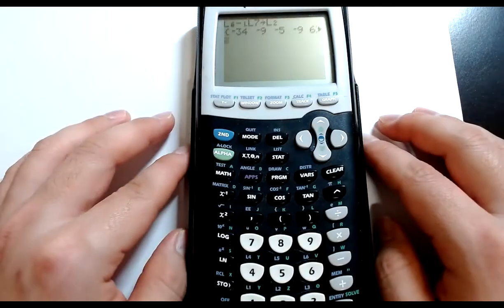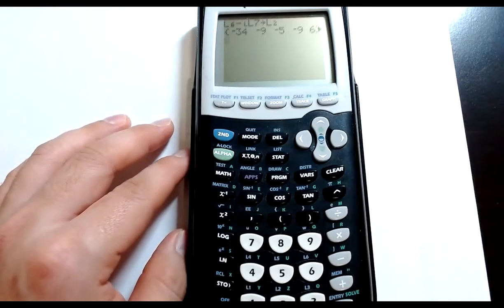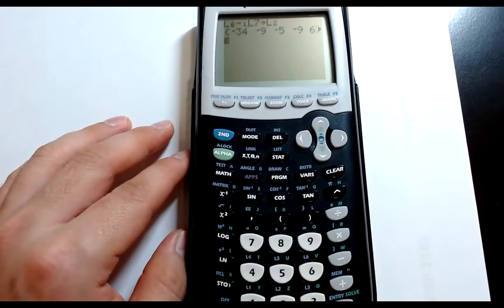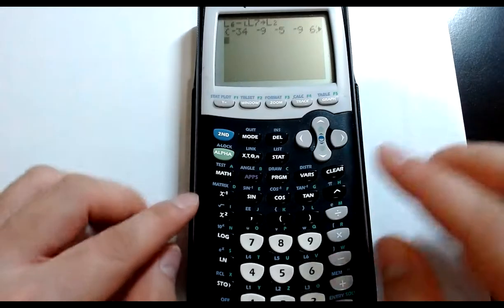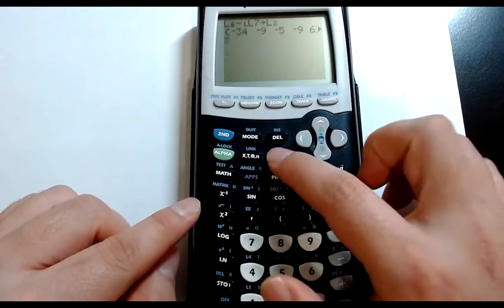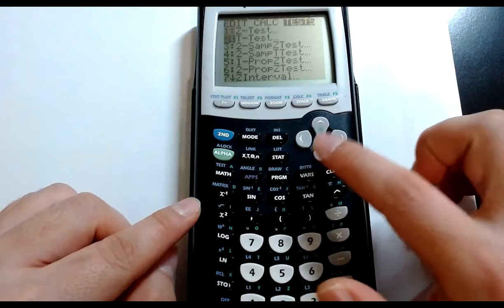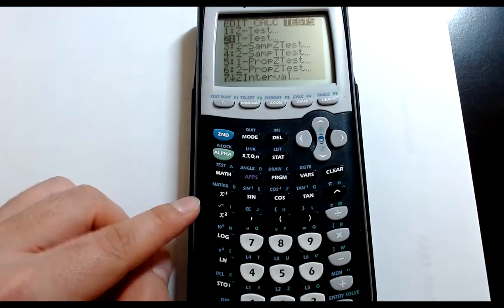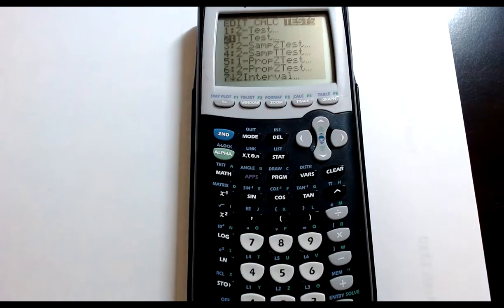Once you do this, what are you going to do? Now we go to stat and then test, and use the t-test. We use this one when we deal with one single sample data in a hypothesis test.